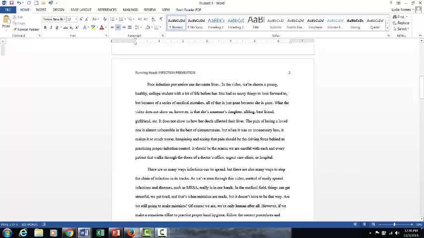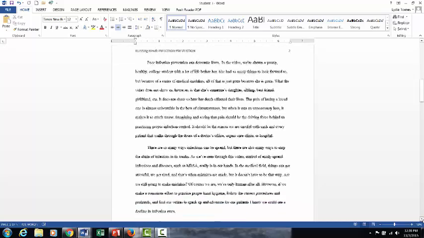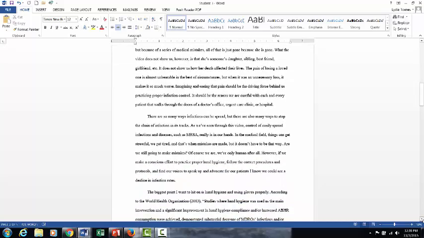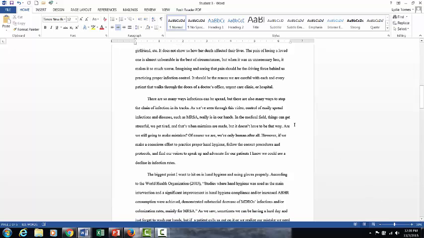Let me go back down here. I encourage people to, and I made notes on y'all's papers, to actually read somebody else's paper for this common conversation talk that people have when they put in papers. For instance, but there are also many ways to stop the chain of infection in its tracks.